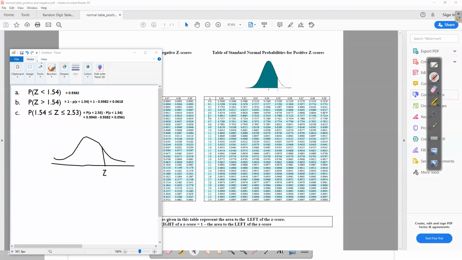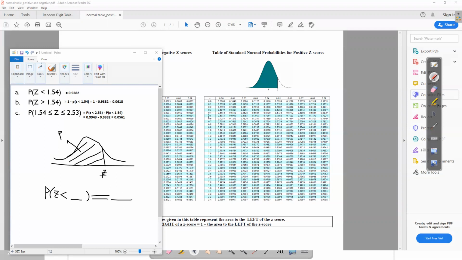So for any Z, the area to the left of that Z will be the probability. So the relationship between Z and P is: probability of Z, as a variable, to the left of a particular Z score will equal a probability given.